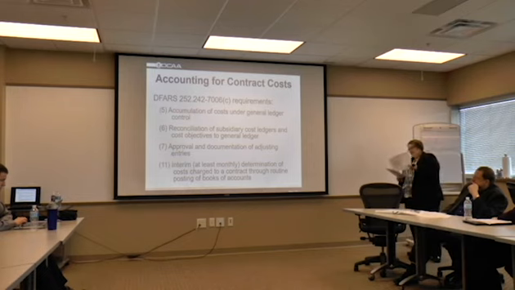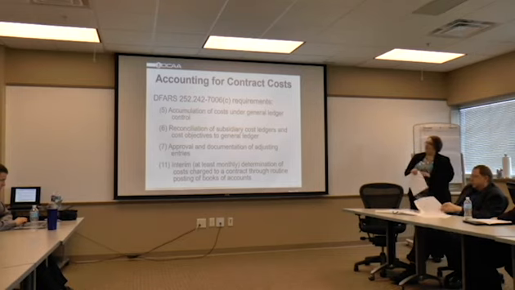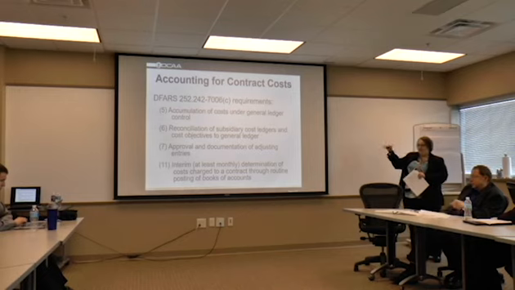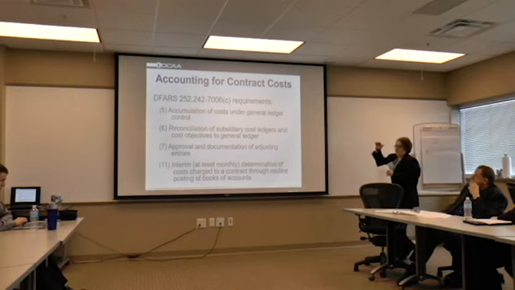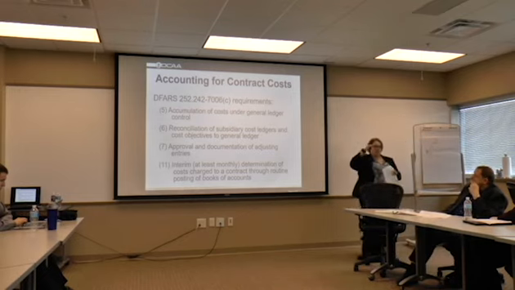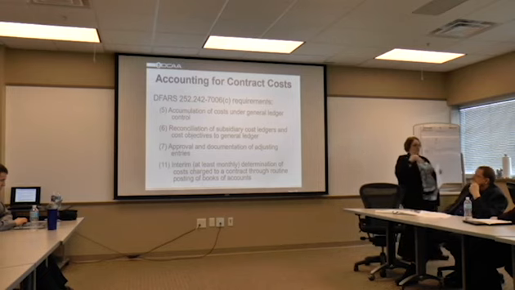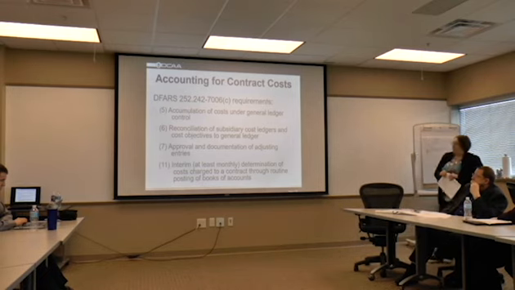I just want to go into a little bit more detail under these. You have to have that general ledger set up as part of your accounting system, for the logical grouping, categorizing and reporting of expenses, and the reconciliation of subsidiary cost ledgers to the general ledger.